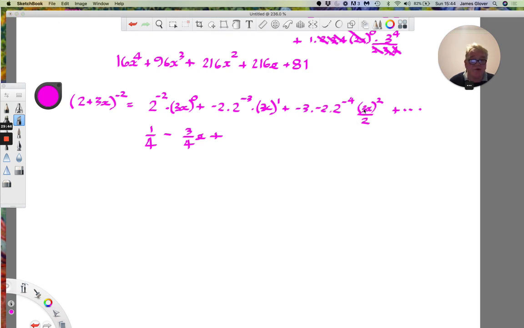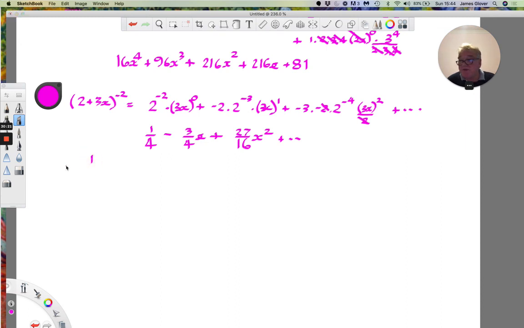And what have we got here? We've got 3 times 3 times 3 is 27. And these two can cancel. It's 27 over 16 x squared, and we can continue for as far as we like, and this gives a power series expansion of (2 plus 3x) to the power of minus 2.